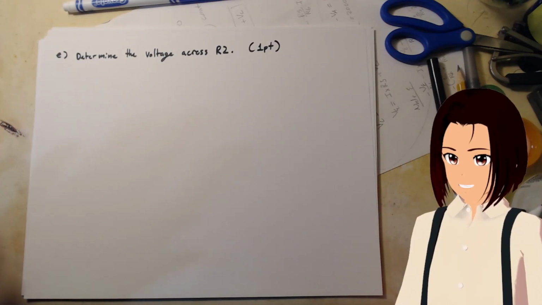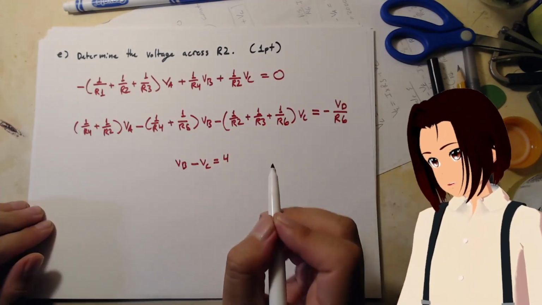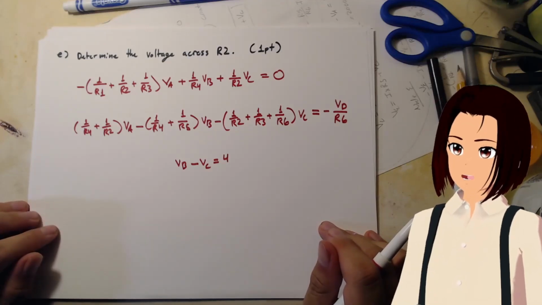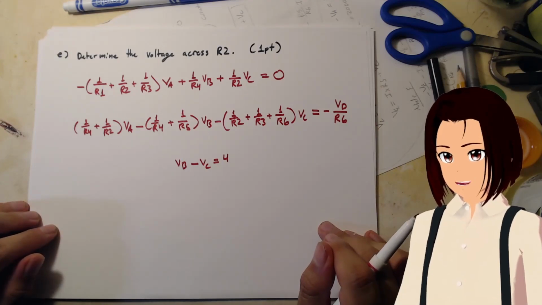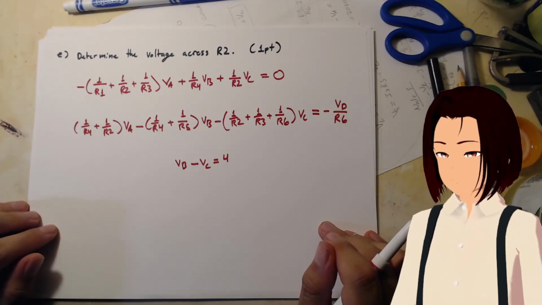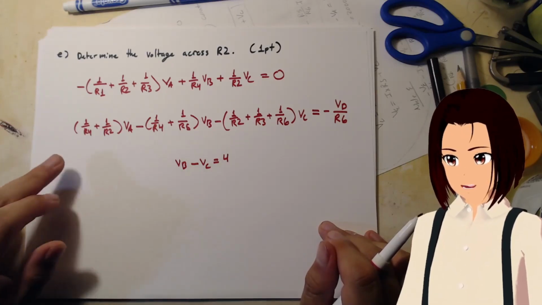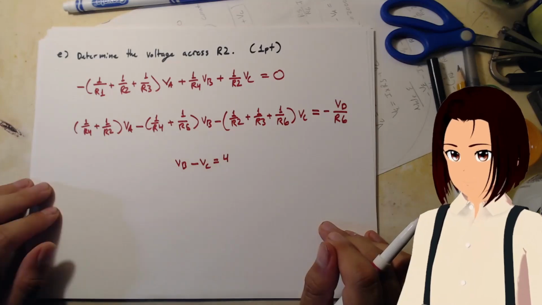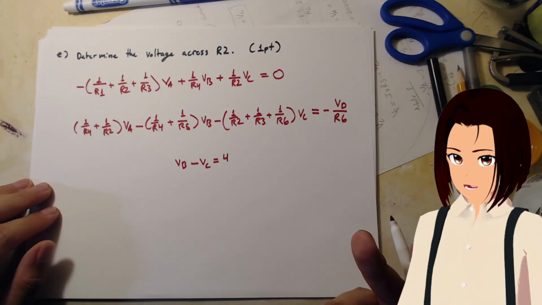So I'm going to rewrite the equations. All right, here are my equations: just 3 equations and 3 unknowns. If we solve this system of equations, just put it in your calculator and let it run, we will get VA, VB, and VC.